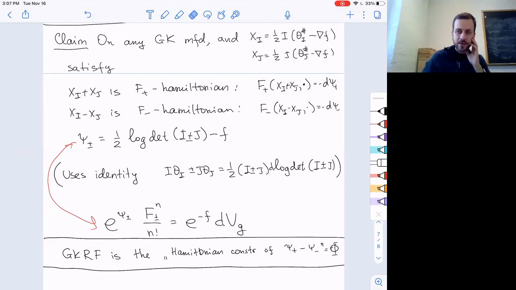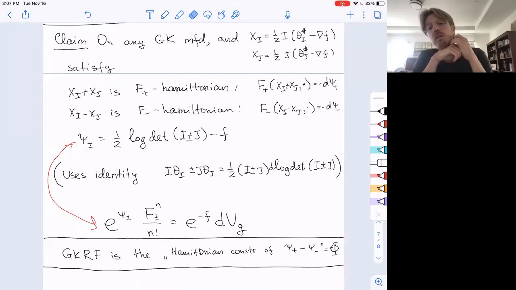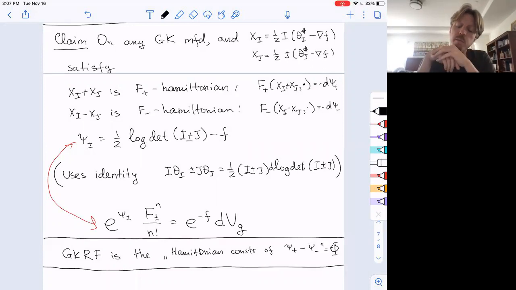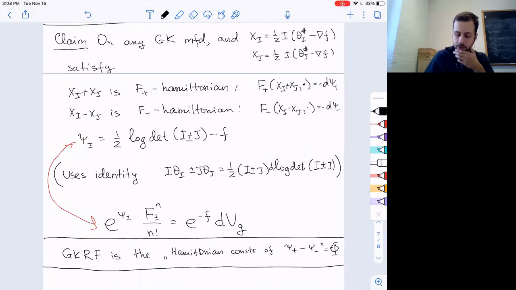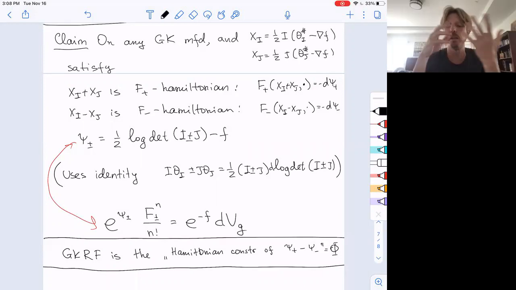Jeff, I guess you're right that you need to check something if you want to show that your vector field extends smoothly. But probably it does follow from the identity in the middle of the page, just simply knowing that I plus J d log determinant of I plus J, and also the minus version, are both smooth, probably. But anyways.